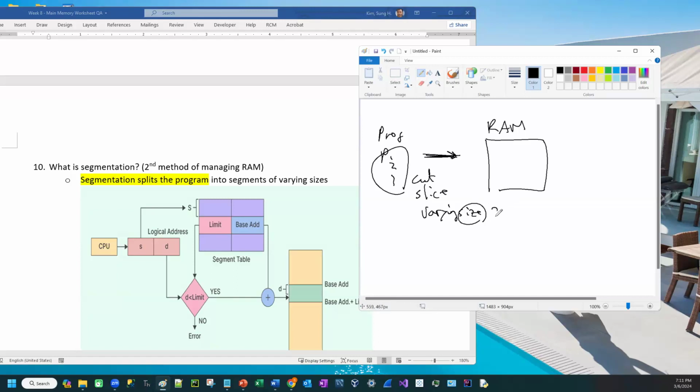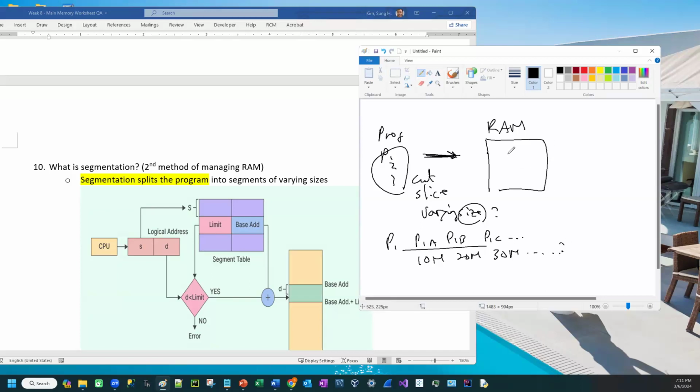But why, right? Maybe the first one, P1, I'll cut into small pieces, P1A, P1B, P1C, and I'll make this a 10 meg, maybe this a 20 meg, maybe this a 30 meg, and stuff like that, right? Why?